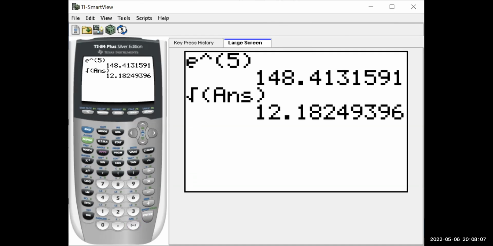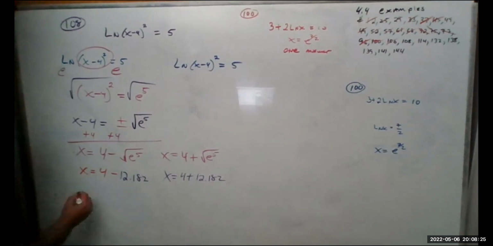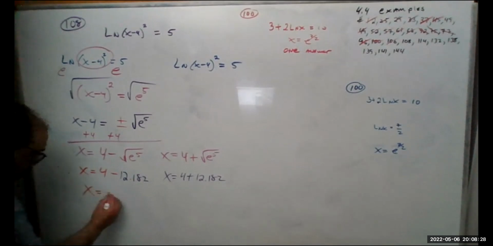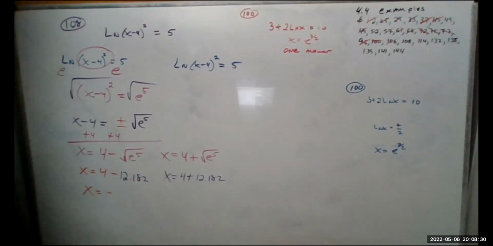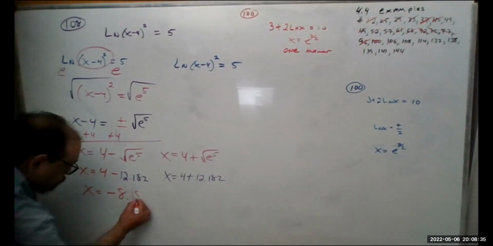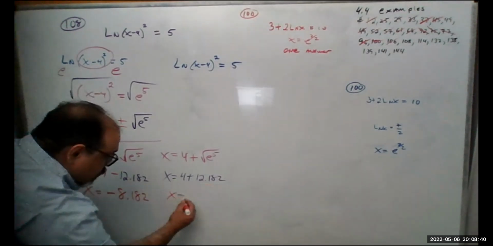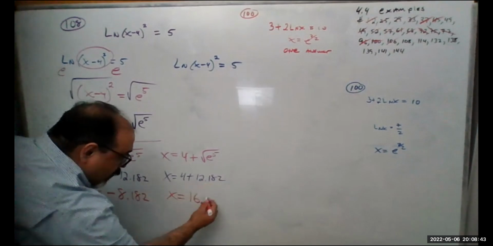So 4 minus that number is negative 8.182. And this would be 4 plus 12.182, so this would be 16.182.